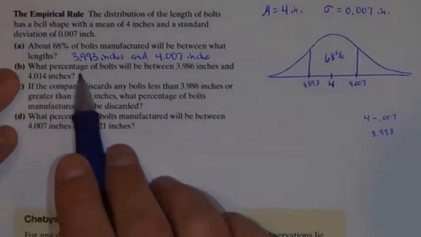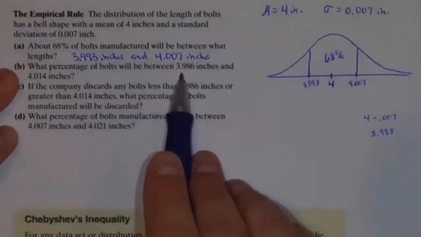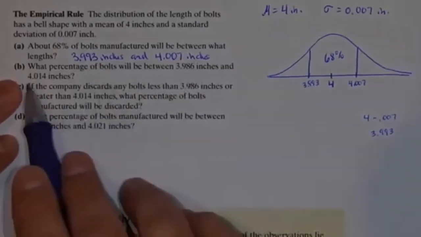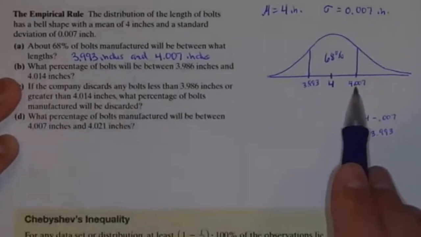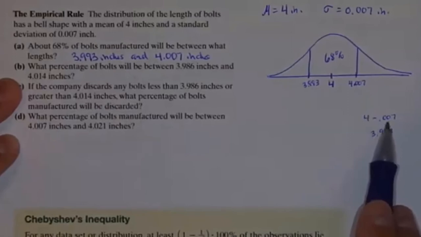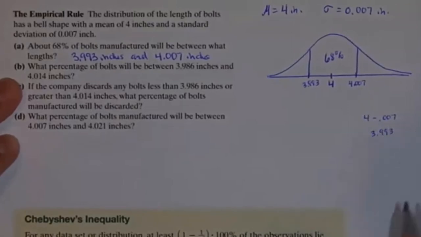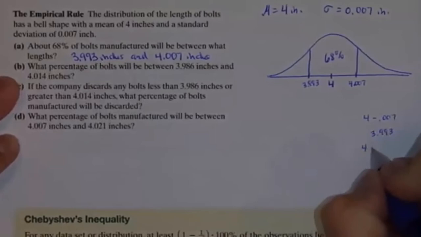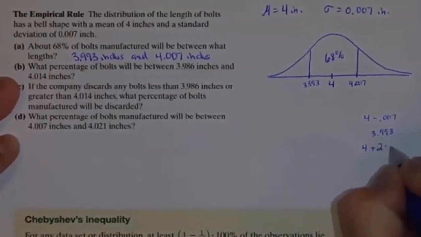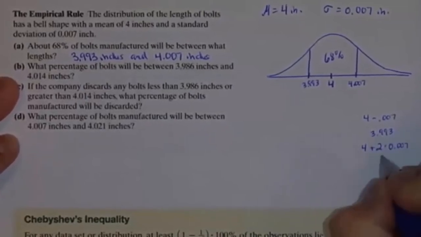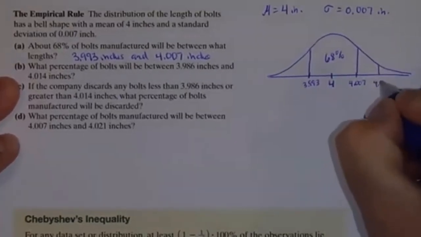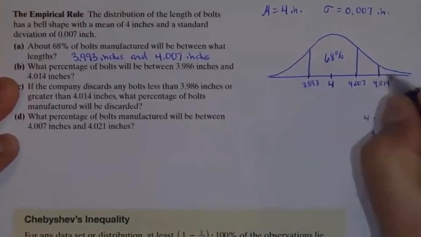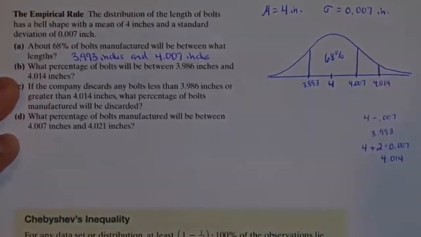Question B, what percentage of bolts will lie between 3.986 and 4.014 inches? Well, if I take 4.007 and add the standard deviation 0.007 on again, in other words, if I take 4 plus 2 times 0.007, that will be 4.014. So 4.014 is 2 standard deviations above the mean.